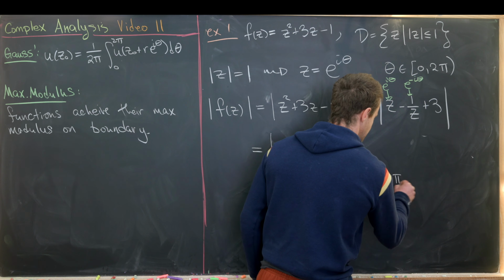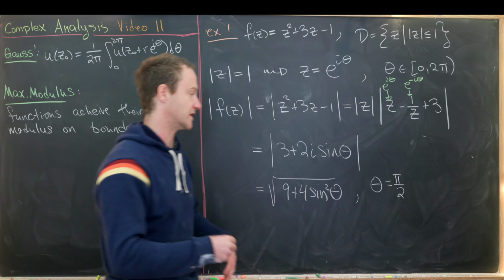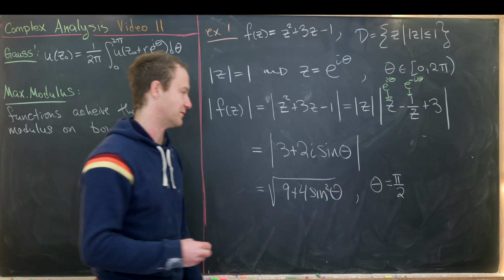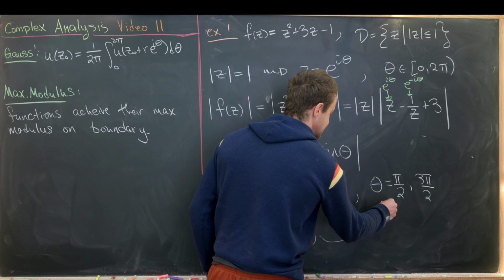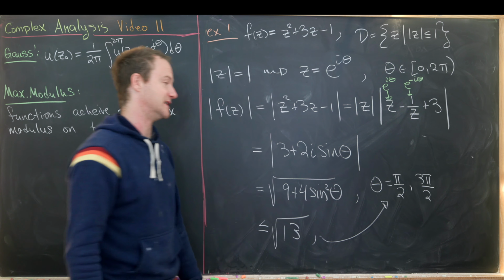So that means theta equals pi over 2 will give us one kind of maximum value, and theta equals 3 pi over 2 will give us sine equals -1, which gives us sine squared equals 1.